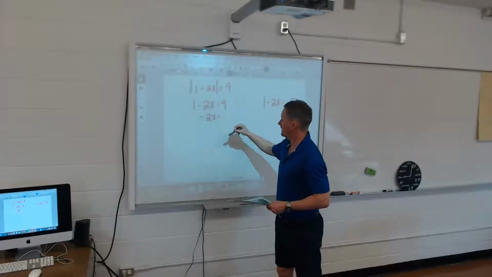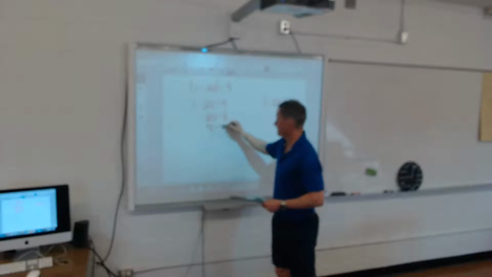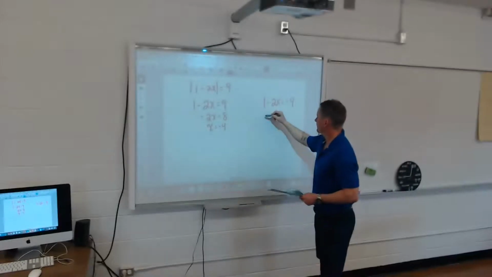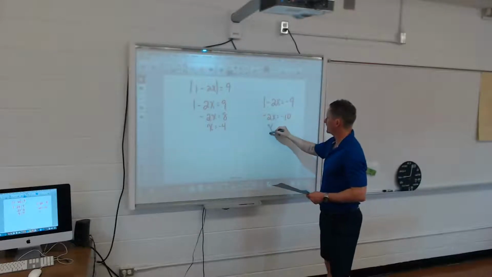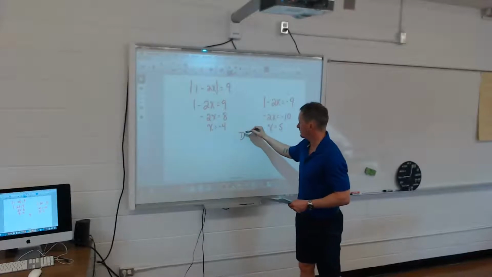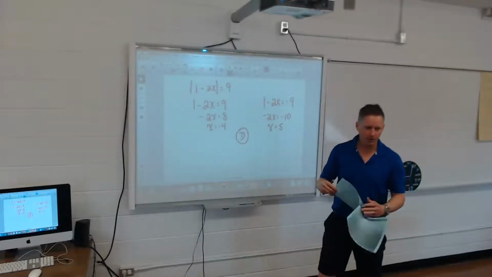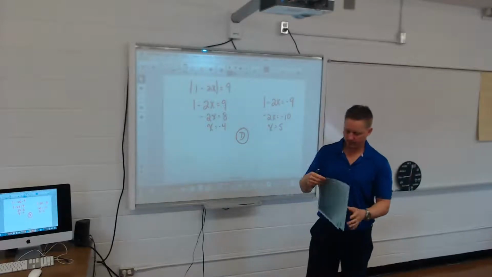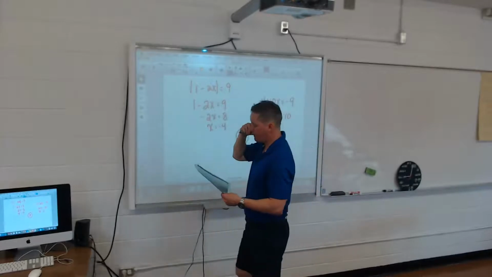Minus 2x is equal to 8, so x is equal to negative 4. Minus 2x equals negative 10, so x equals 5. And that answer was D. So 3 questions that weren't too bad to start the assignment off.